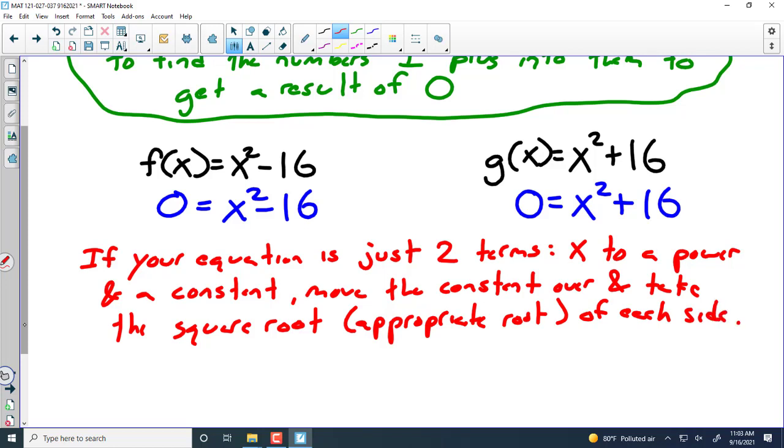If it was an x cubed, you'd take a cube root of both sides, but since this is going to be an x squared, we're going to take the square root of both sides. If your equation is just two terms, x to a power and a number, you move the number over to the other side, and in this case, we're going to take the square root of both sides.